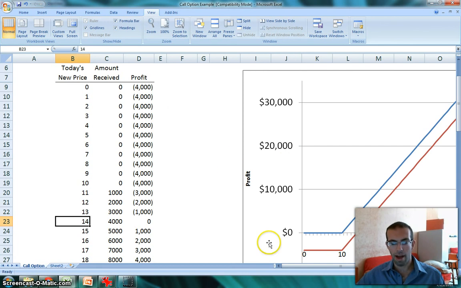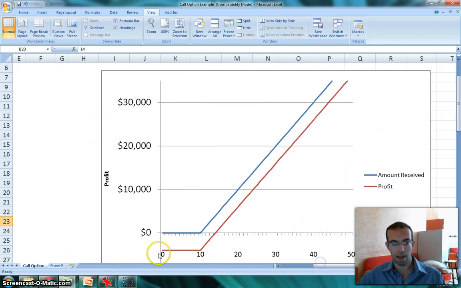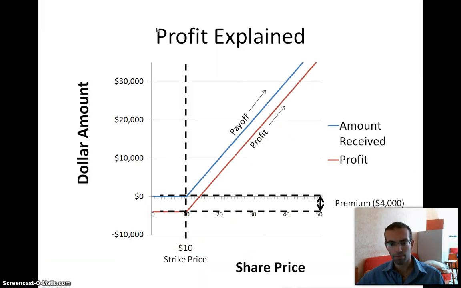So now I created a chart here that visualizes all this, and let me go and put this into our screen here. So here, this is to explain how profit works. Your payoff is the amount you receive, and your profit is what you're getting. And you can see the profit is below payoff, and this is by a $4,000 amount because we have to include the premium that we paid.